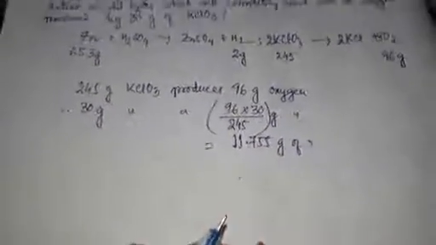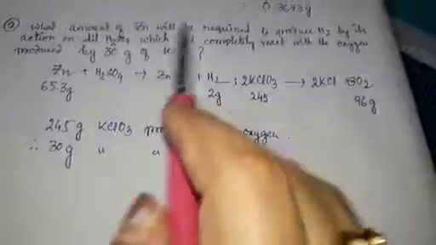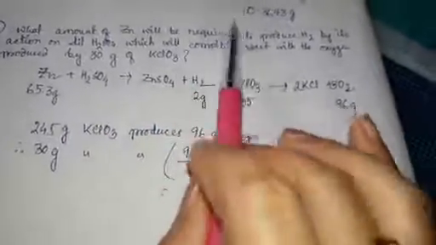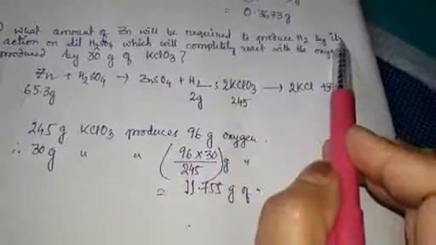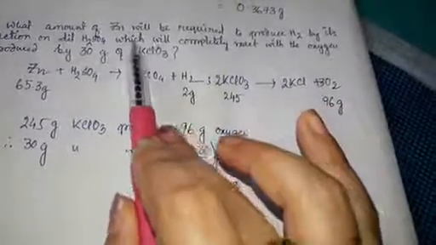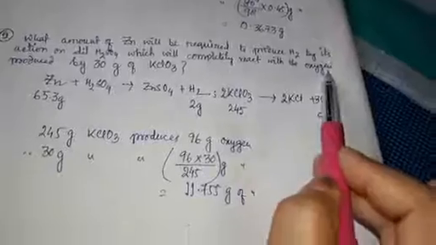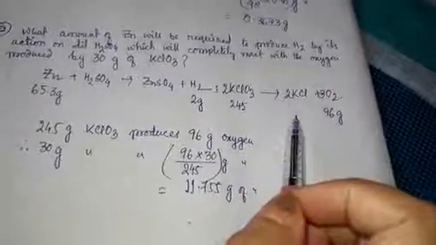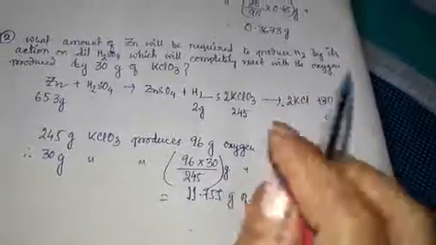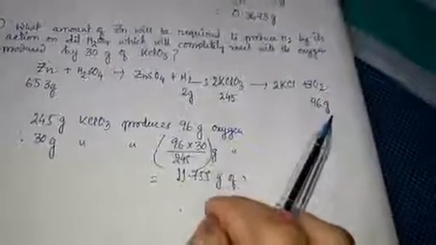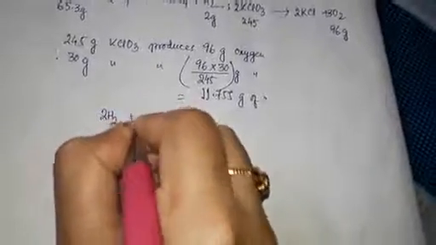So now we have to take into consideration another kind of reaction. Here the question is which will completely react with oxygen. That means complete reaction of hydrogen with oxygen. We know the complete reaction of hydrogen and oxygen produces water, right?